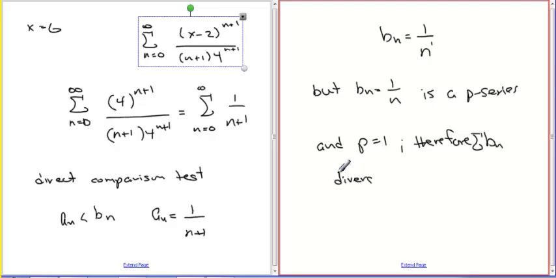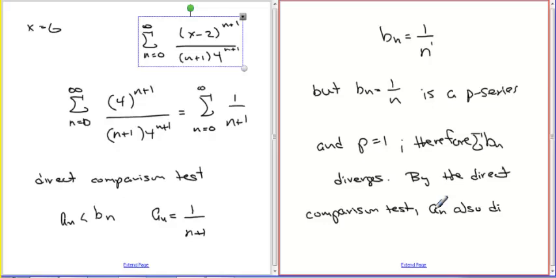So therefore this diverges by the direct comparison test that a sub n also diverges. Well, actually, it's the other way.